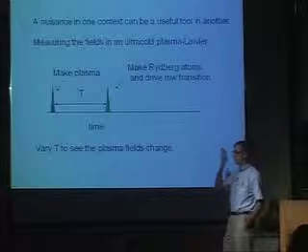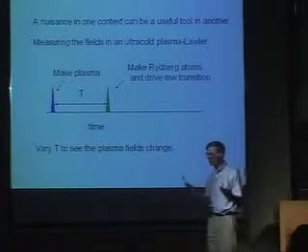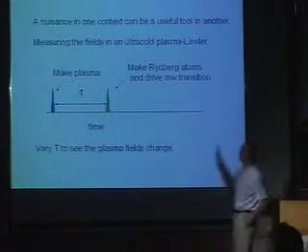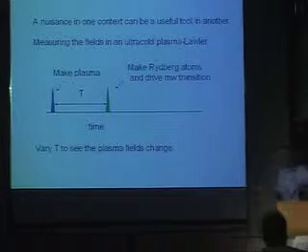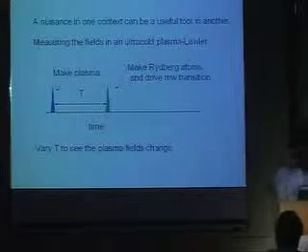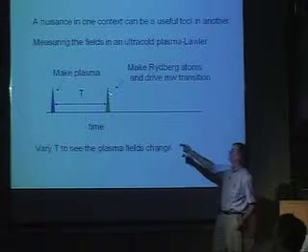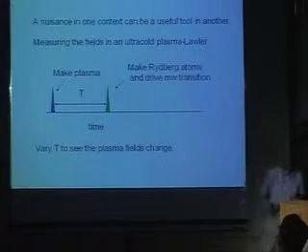After we realized this, I realized that this is not an original idea. A long time ago, Jim Lawler had pointed out that you could measure the fields in discharges by essentially this technique, except it was using optical spectroscopy. So we decided to try this by making a very dilute plasma and then making Rydberg atoms and looking at this transition I just showed you.